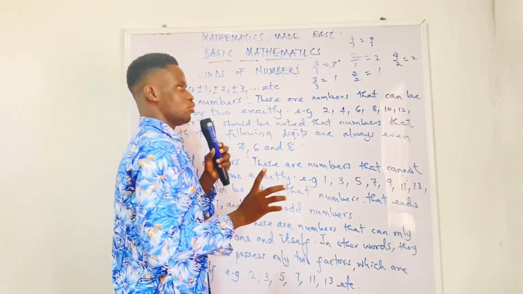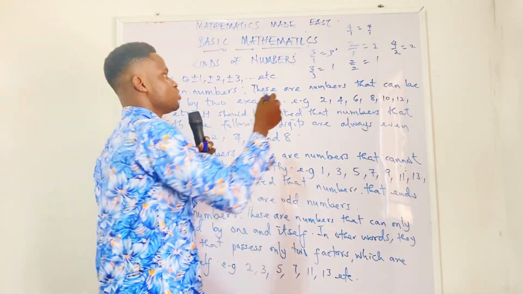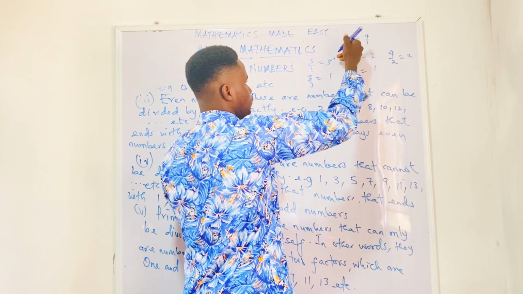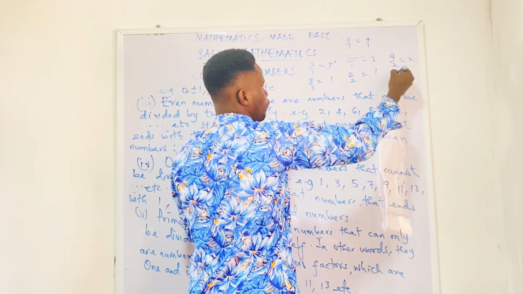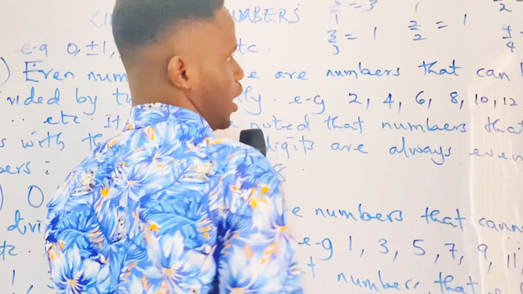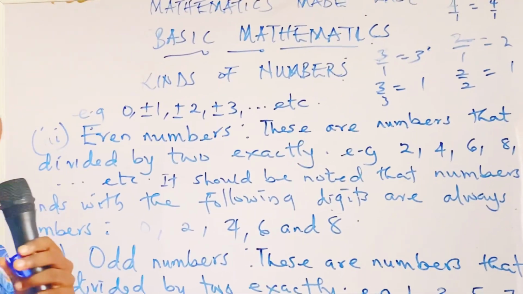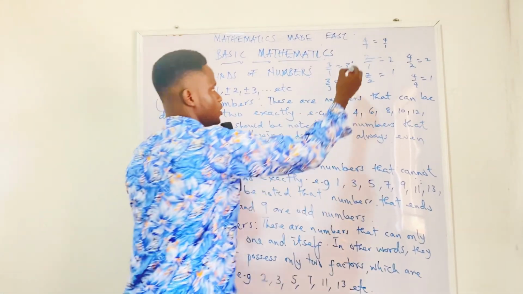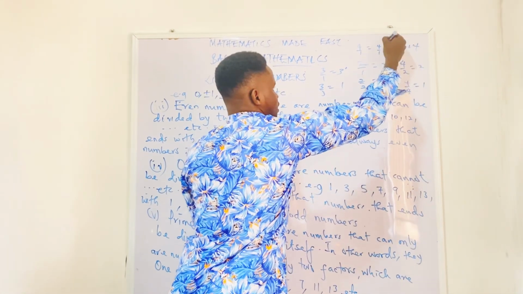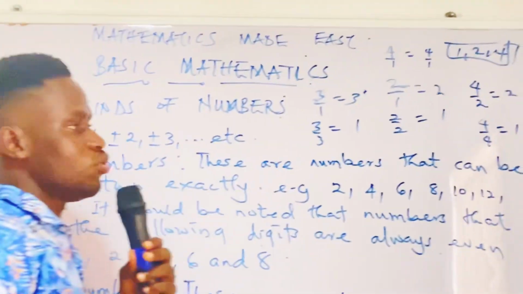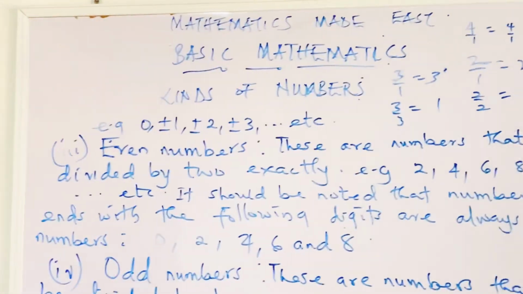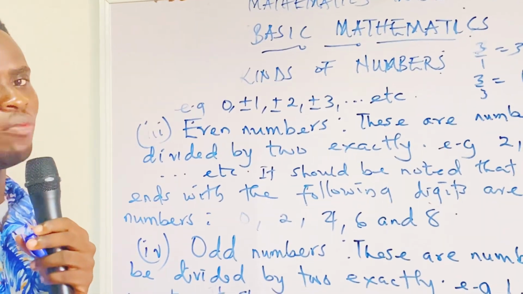And what are the 2 factors? 1 and the number itself. So in the case of 4, you can see 1 will divide 4, 2 will divide 4, 4 itself will divide 4. So that shows that 1, 2, and 4 are factors of 4. You can see it's even more than 2 factors, which is not a prime number. So 4 can never be a prime number.